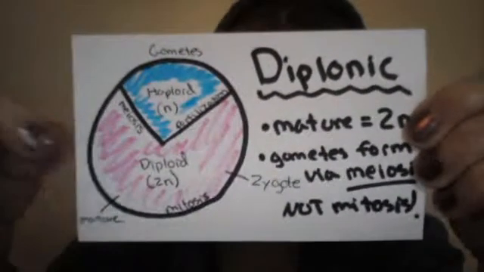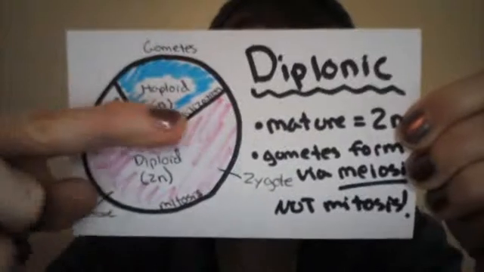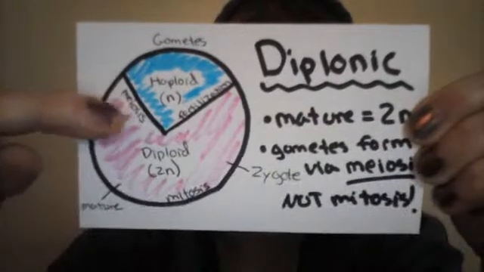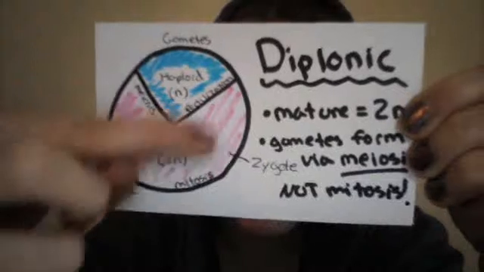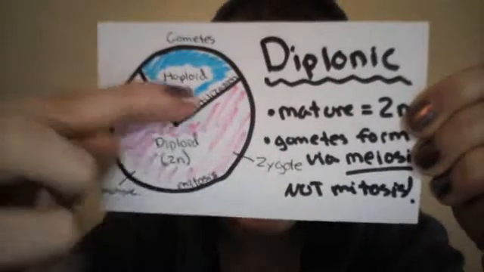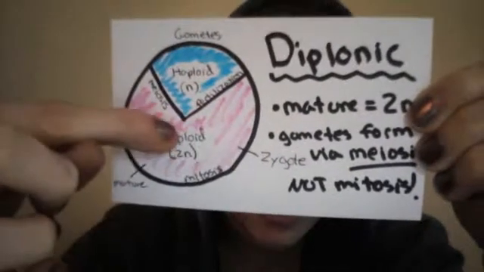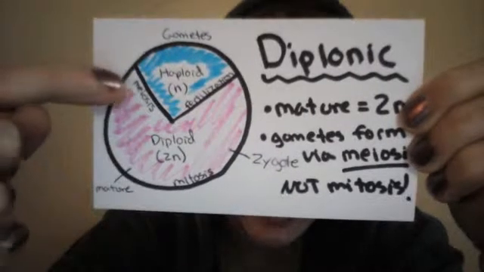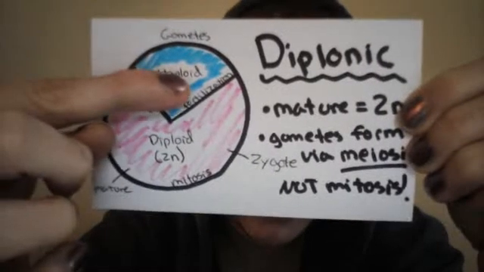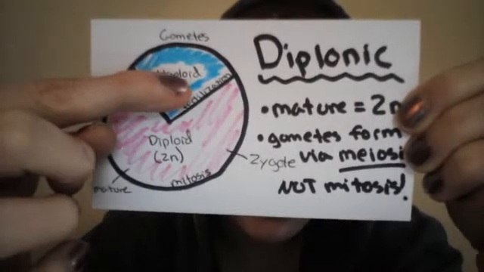We get to gametes via meiosis, right here. See that? If we go like this, we're going this way, okay? Just so you know, we don't go this way. We go this way, clockwise. Alright, so we get to gametes via meiosis, and then in order to get a zygote, we go through fertilization. That's always been the rule.